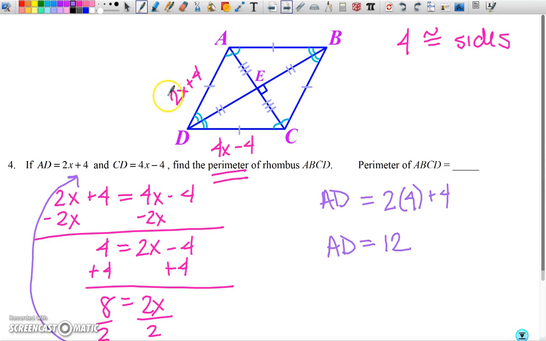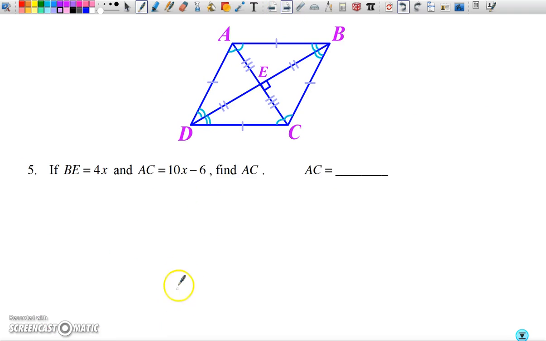Well, if one side length is 12, then that means this is 12, this is 12, and this is 12 as well. And then when you add all of those together, so 12 plus 12, whoops, that's not 2 at all, plus 12 gives you a total of 48.